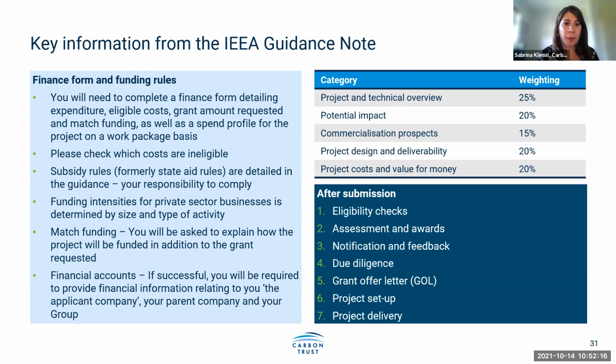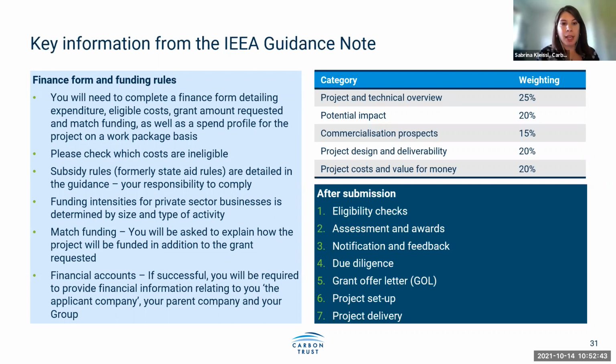And then one final thing is the after submission process. I touched upon this earlier. The team will conduct eligibility checks following your application being submitted. The applications will then be assessed by the assessment panel, which will decide on grant funding awards. Applicants will then be notified about the panel's decision and receive feedback.